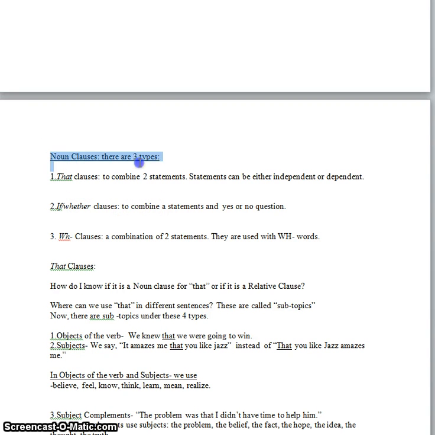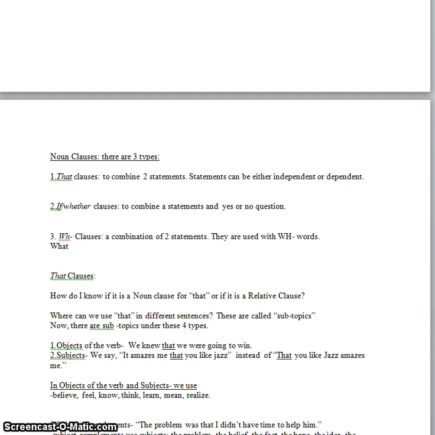There are 3 types of noun clauses: that clauses, if and whether clauses, and clauses that start with WH words, like what, where, when, who, let's see, why, and also how.